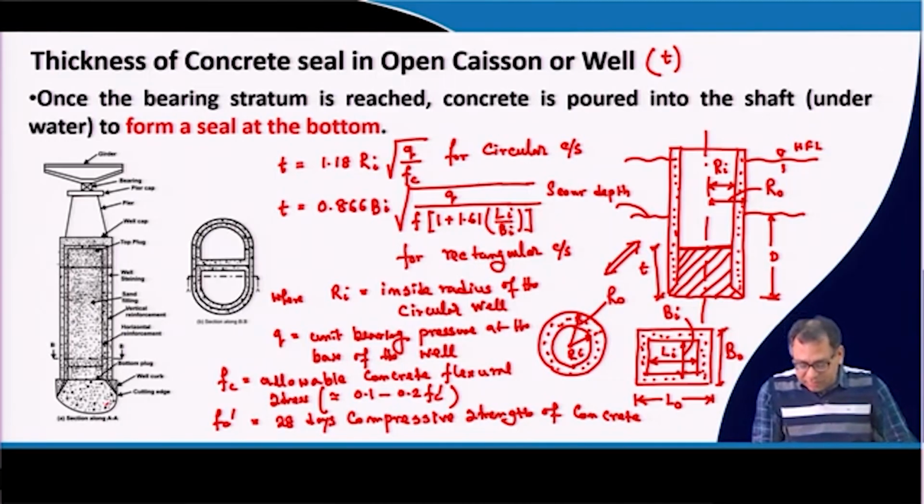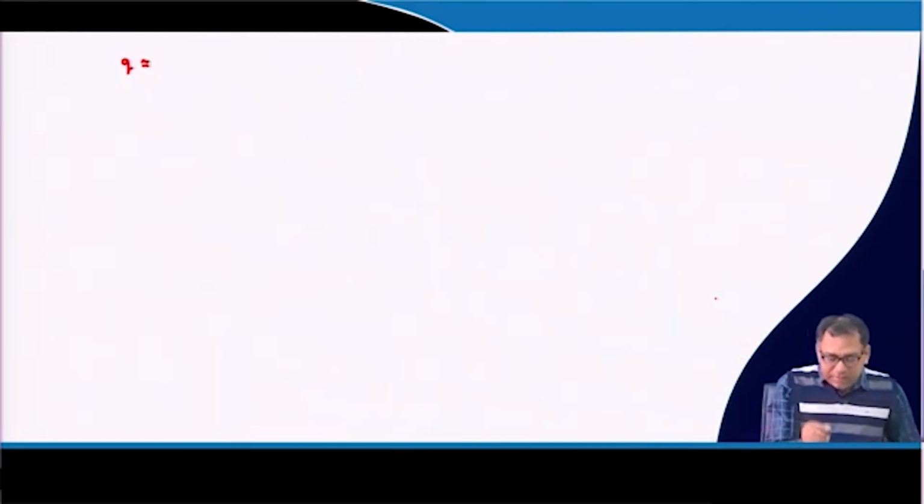That means the stress or bearing pressure, or you can say the pressure which is acting at the base, I mean the net pressure. As I mentioned, there will be a buoyancy force acting in the upward direction, the buoyancy stress, and there will be a pressure due to the concrete seal's self weight.